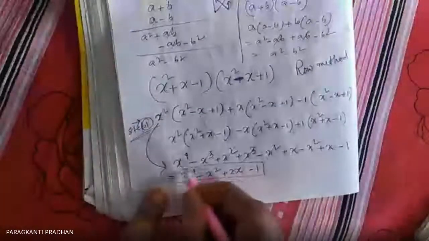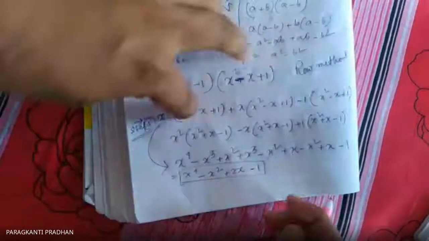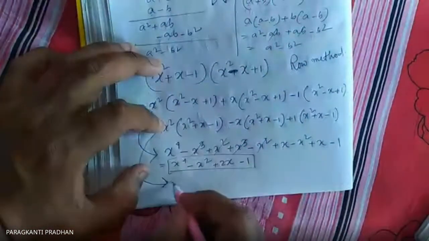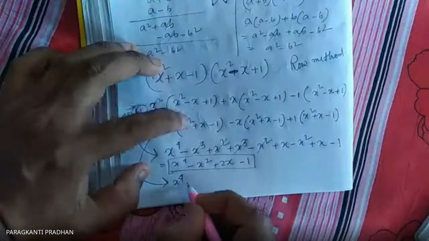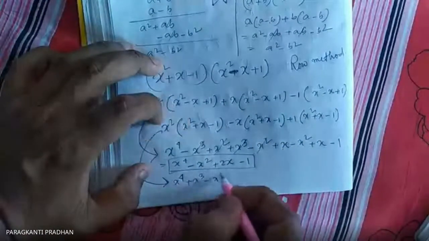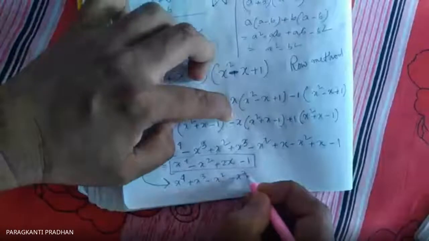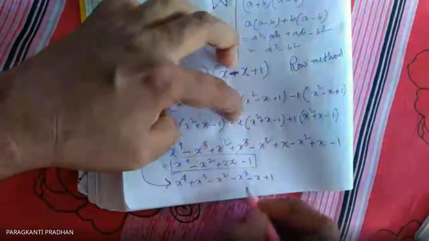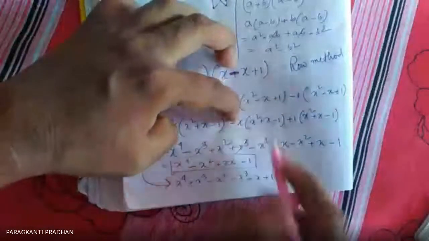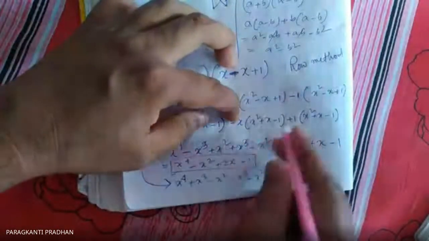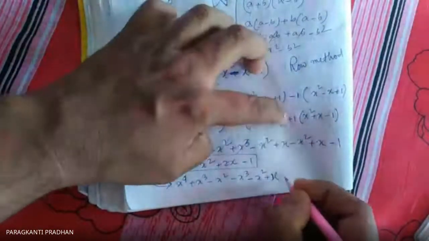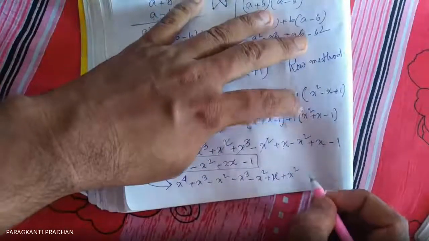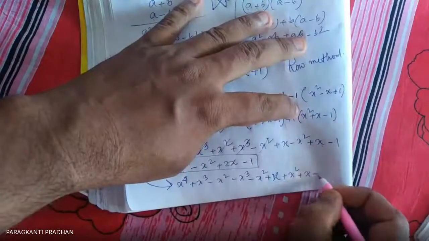I did this from the first statement. Now I'm doing this from the second one. Look, x square into x square, x to the power 4 plus x cube minus x square. This is minus x cube minus x plus 1, minus plus minus x square, plus x minus 1.